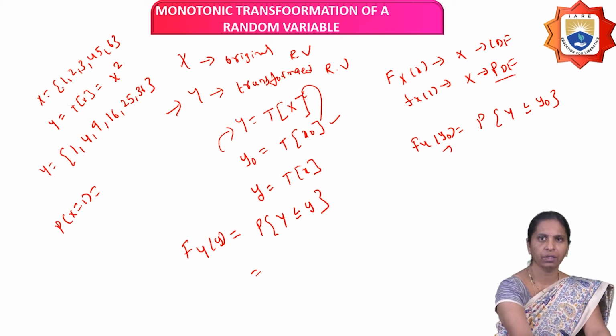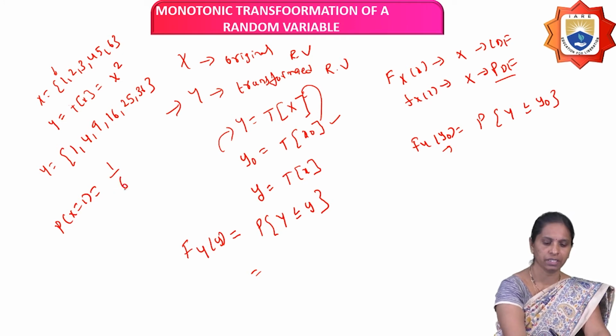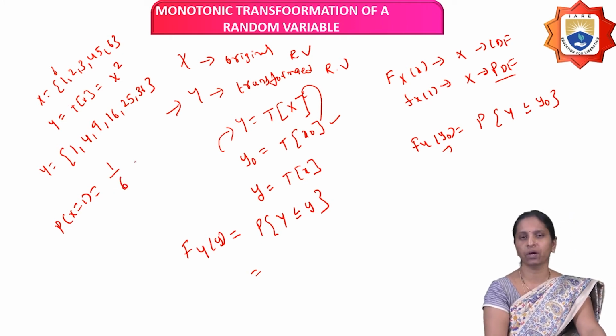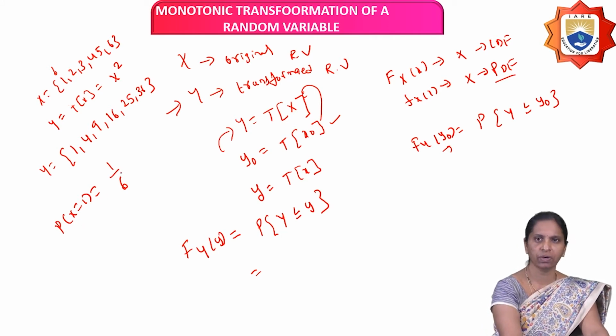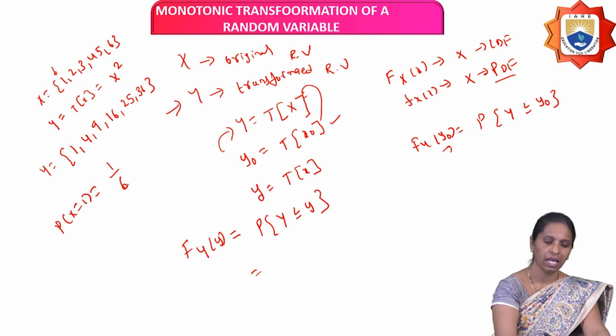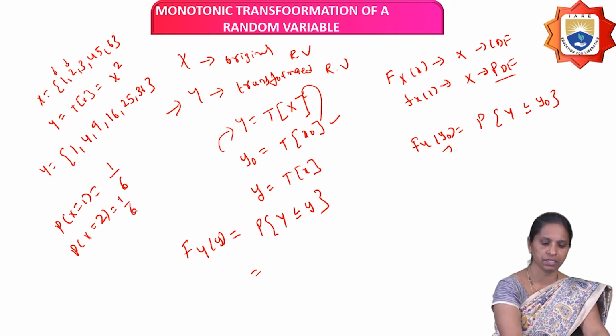And for getting the number 1 on the die, only one possibility out of a total of 6. The number of favorable outcomes over the total number of outcomes gives the probability. So, P of X equals 1 is 1 by 6. And P of X equals 2 is also 1 by 6.